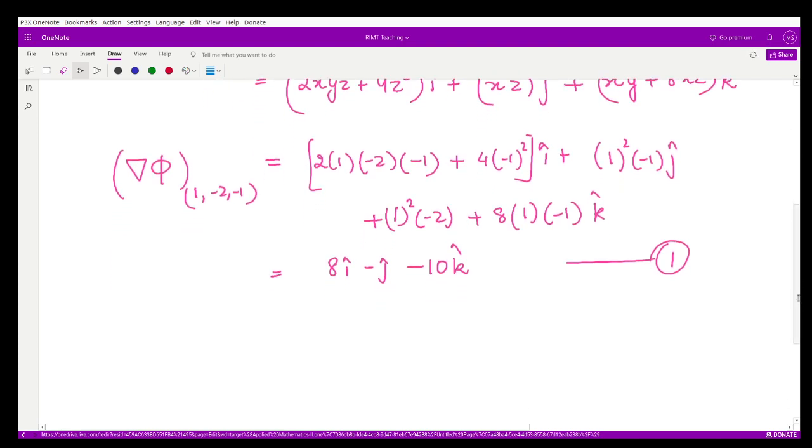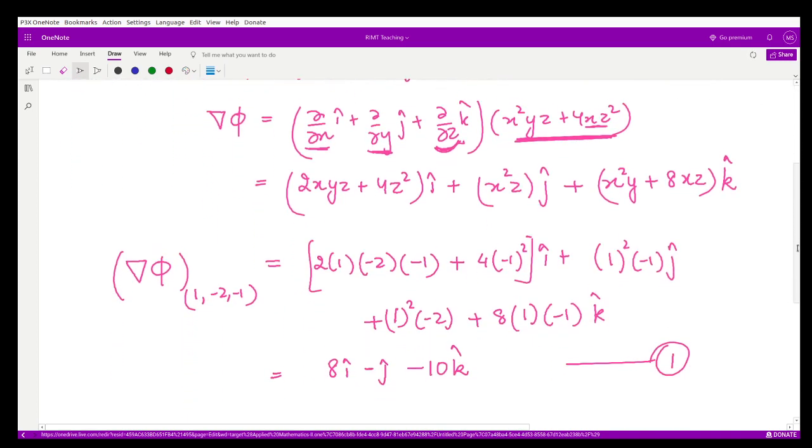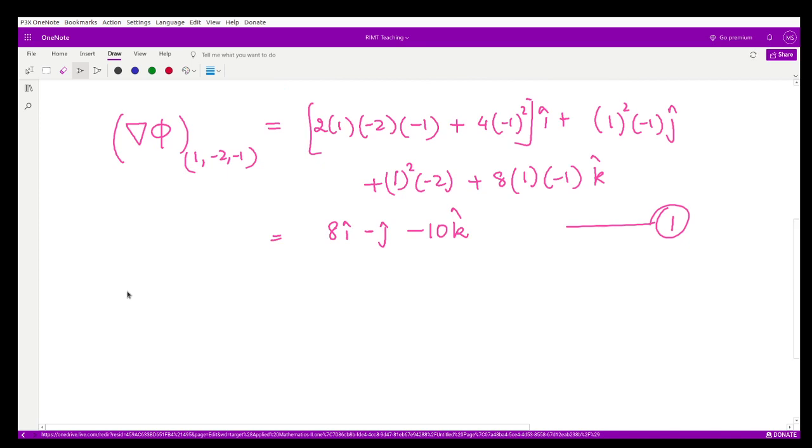Moreover, we are to take the directional derivative in this direction, so that means we are to calculate a unit vector in this particular direction. Therefore, let the vector a be 2i cap minus j cap minus 2k cap. This is the direction in which we are to calculate the directional derivative. So the unit vector would be the vector a divided by its magnitude.